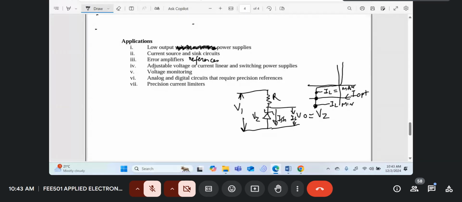They can also be used as current sources and current sinks. They can also be used as references for error amplifiers, just as we used it over here.